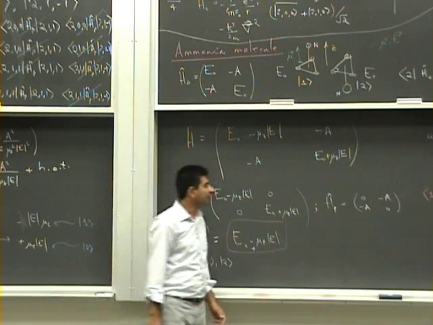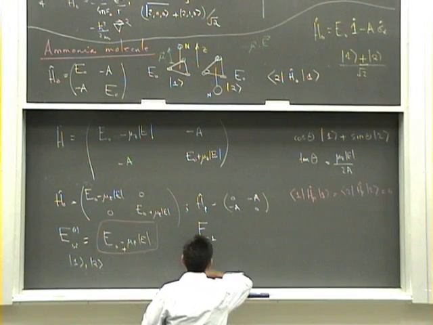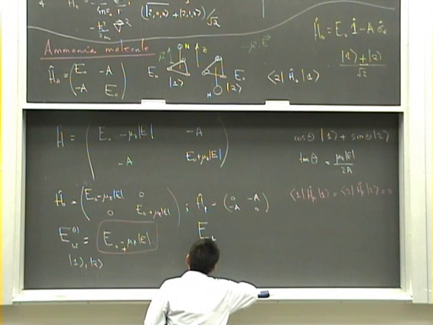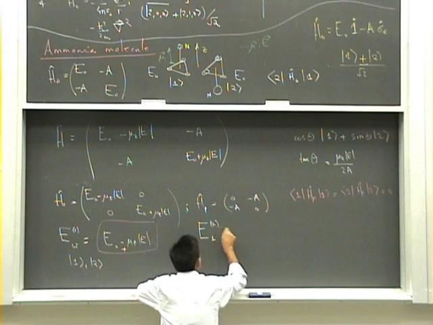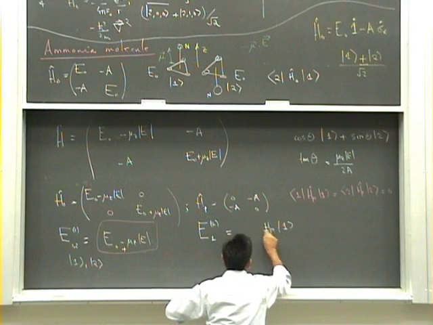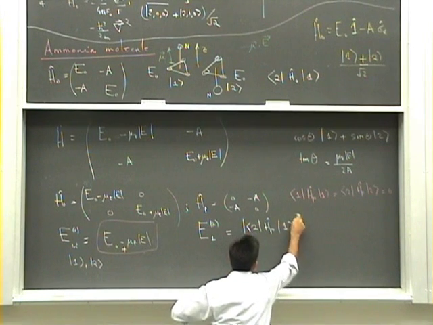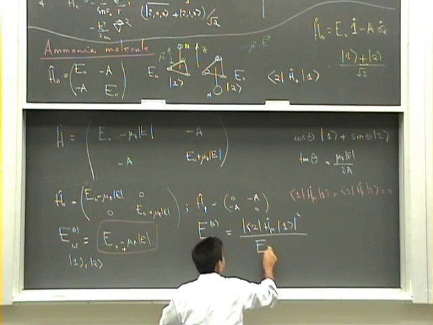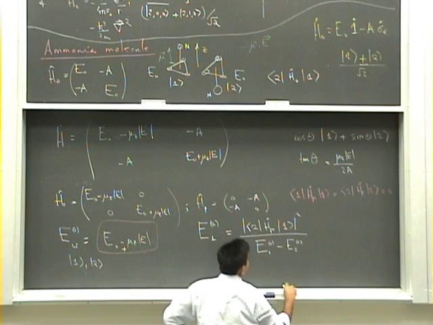Okay. So now up to second order, let's calculate the second order shifts to the energy. E1, second order, is the modulus squared of bra1 HP ket2, we take the other state, divided by E1 zeroth order minus E2 zeroth order.